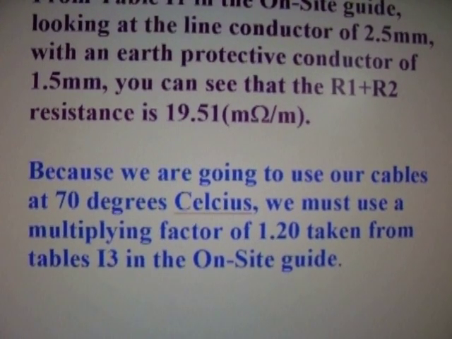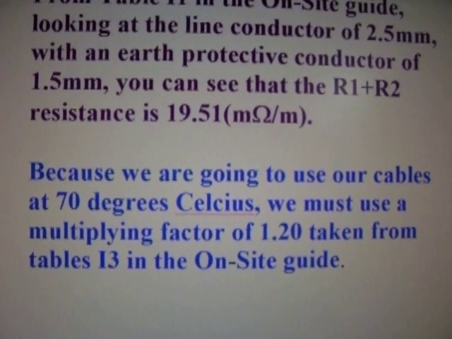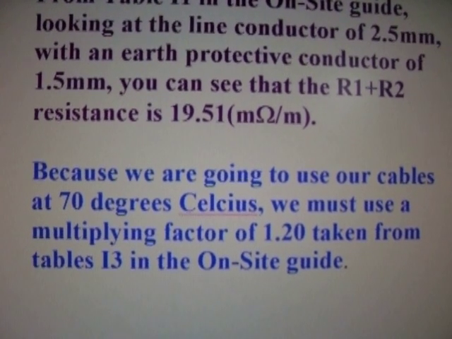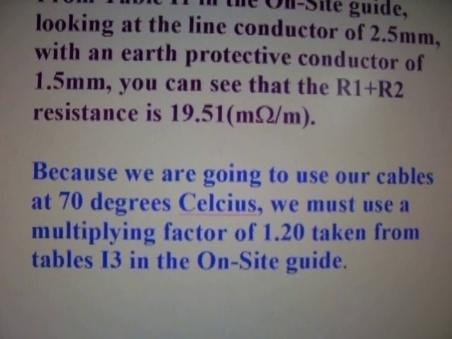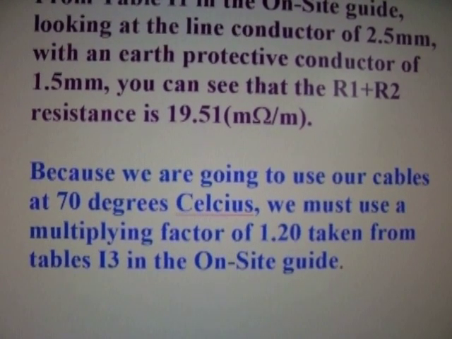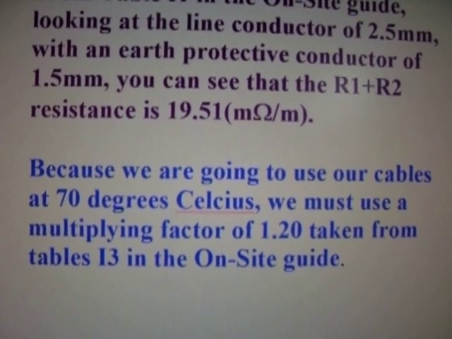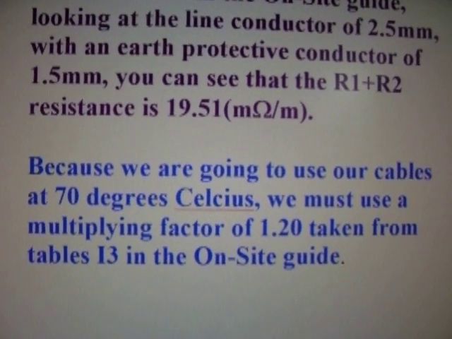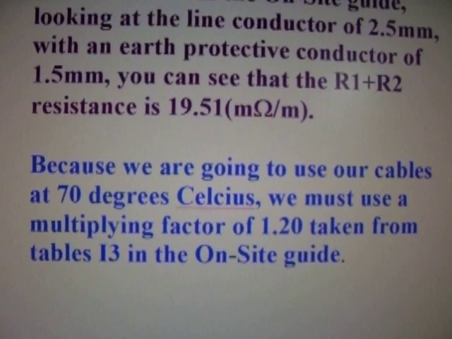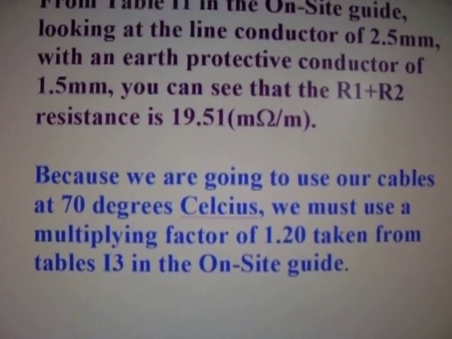Now, because we are going to use our cables at 70 degrees Celsius, we must use a multiplying factor of 1.20 taken from table I3 in the on-site guide.